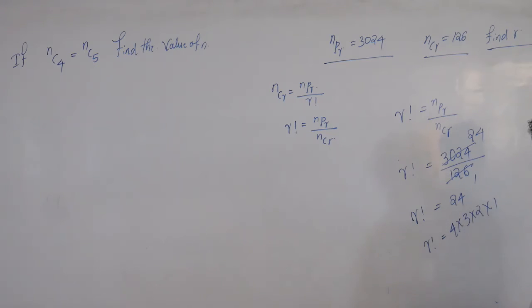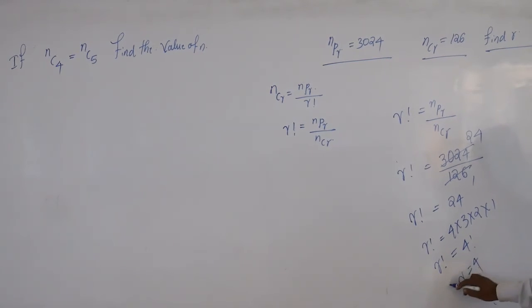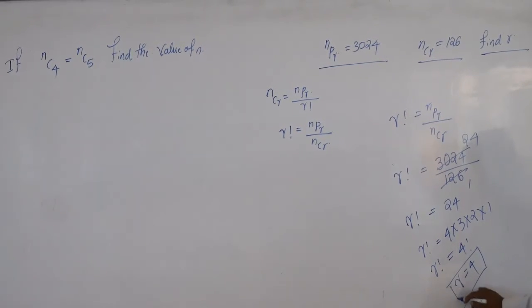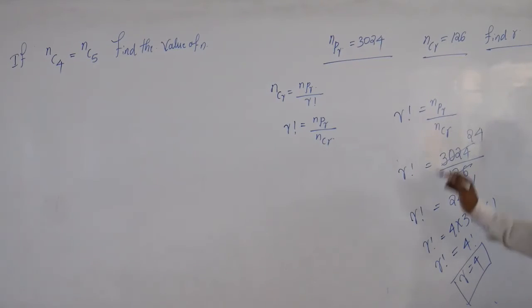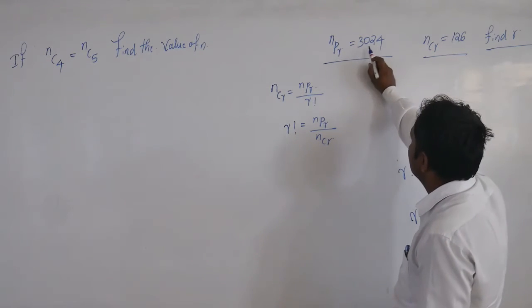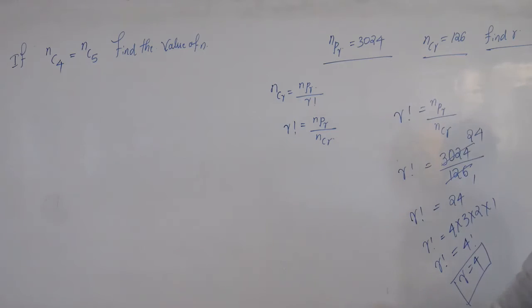So r factorial is equal to 4 factorial, and r is equal to 4. The r value is 4.